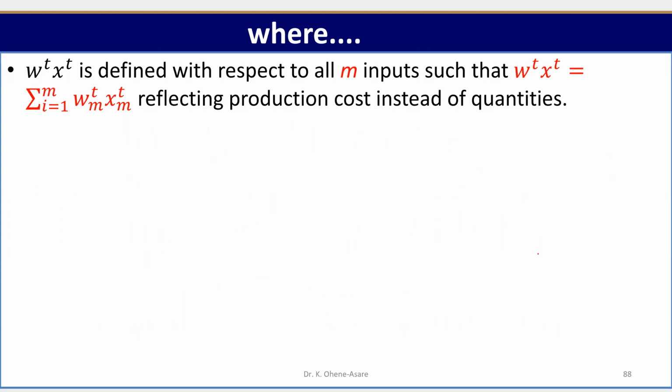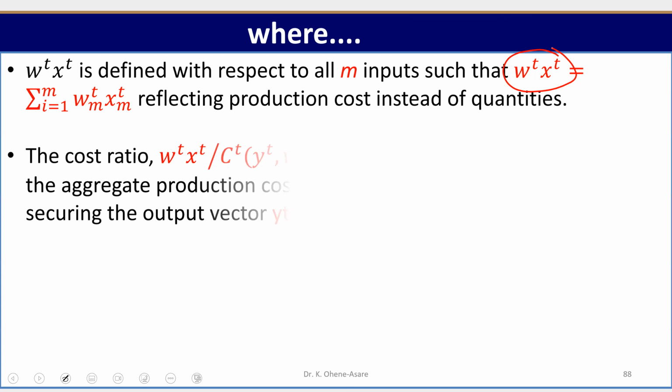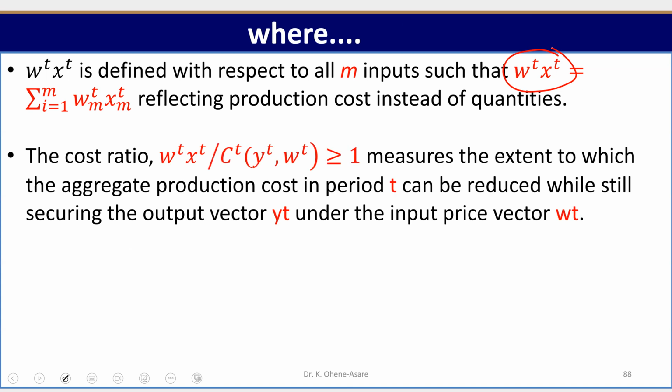Okay, let's get some of the definitions. What is this WX? Forget about the superscript for now. WX is a sum of the individual costs, the production cost. It's not quantities. If it was quantities, it would have been just W, but it's the individual cost.